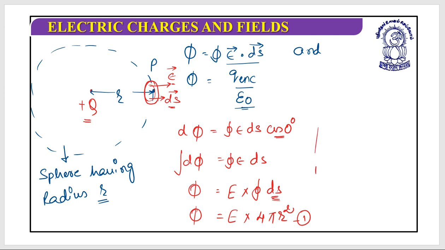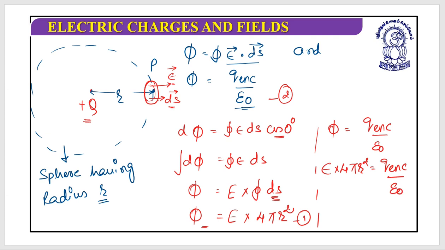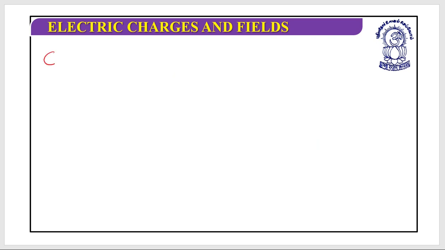Now, you need to put this value in relation number 2, which is Q enclosed by epsilon naught. So this flux, E multiplied by 4 pi r square, is equal to Q enclosed by epsilon naught. Is it done up till now? Okay, let's look at what happened next. E multiplied by 4 pi r square is equal to Q enclosed divided by epsilon naught.